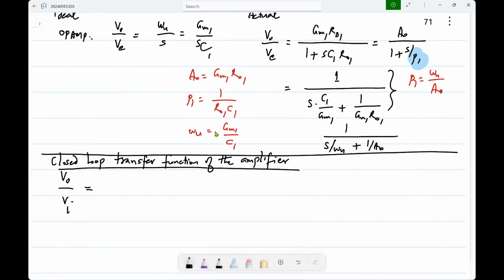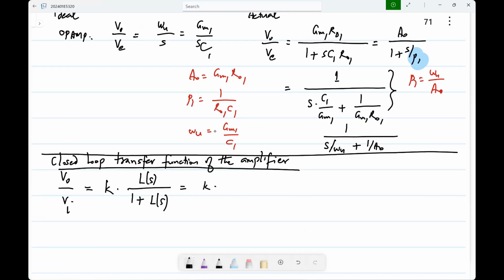There are many different forms in which you can write it. It will be K times A of S by 1 plus A of S. This is the general form. You can just derive it. We have gone through all these circuits, so I'm not doing this step by step.